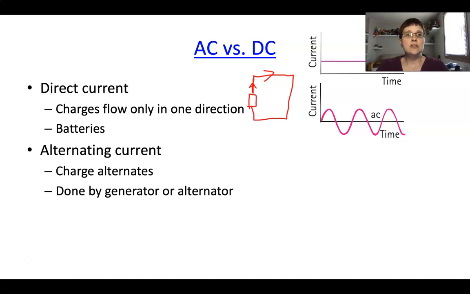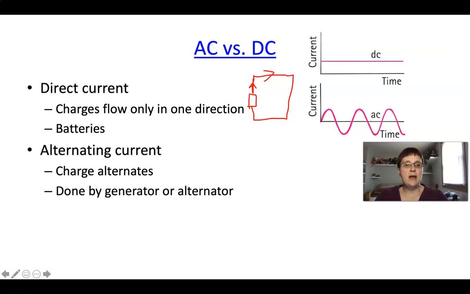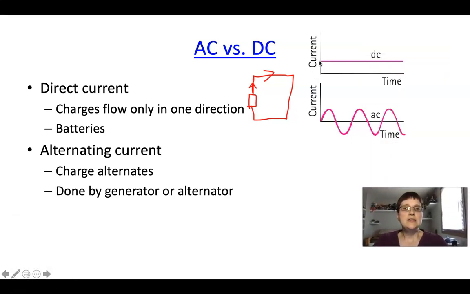And so if we were to chart the electrical current, let me move my head out of the way. So you can see DC current stays steady because it's all flowing in one direction. But AC current, since it's alternating directions, if we were to graph it, it switches directions over time, and so it flips back and forth and has a frequency.